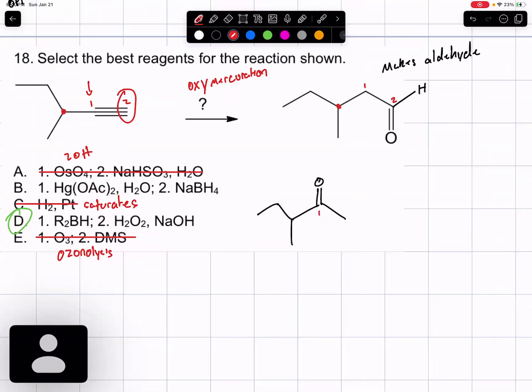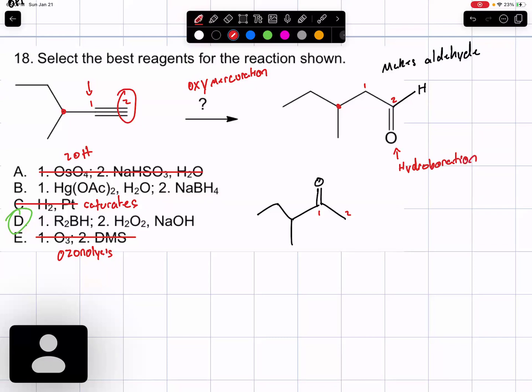This is carbon number 1, this is carbon number 2. So it's basically saying, where are we placing the carbonyl? Are we placing it internally or terminally? And we know that in this product, we placed it terminally. So we needed to do hydroboration.